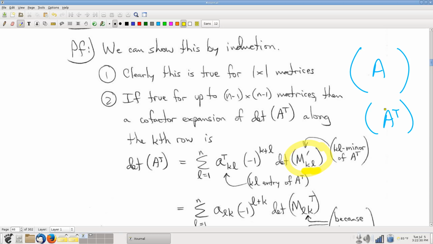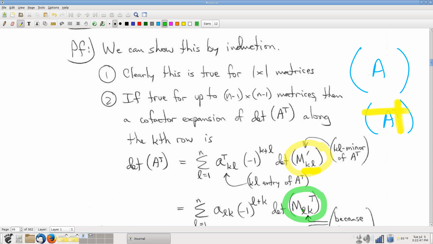So we're going to cross out the kth row and the lth column. Okay. All right. Now, what is this matrix?